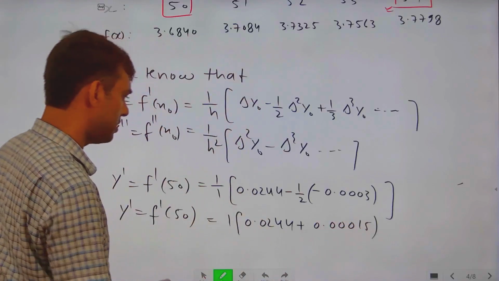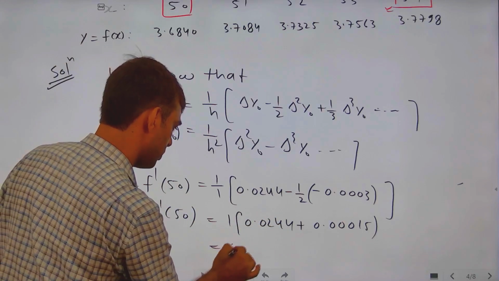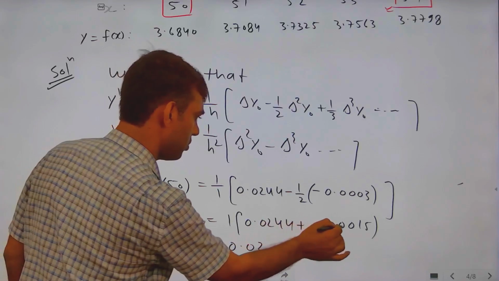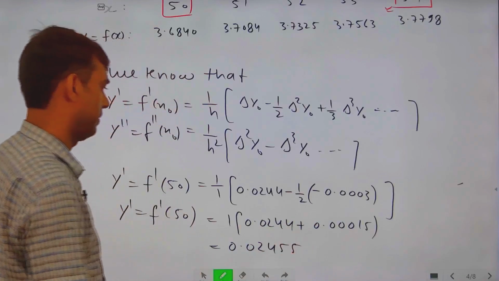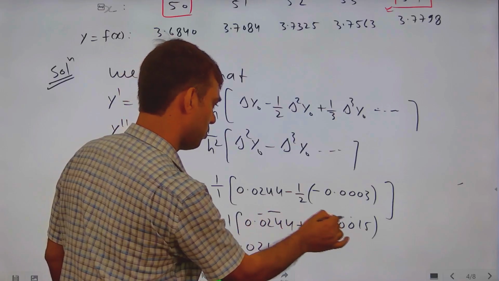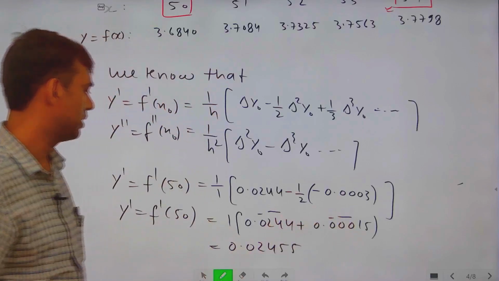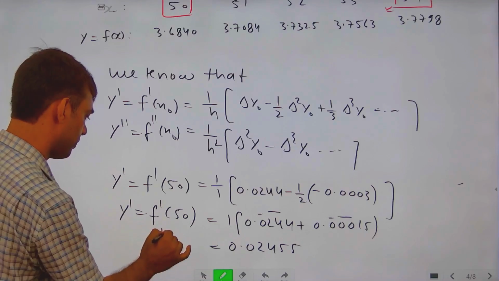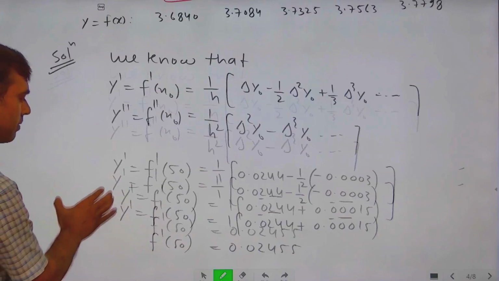So if we add these terms, this becomes 0.02455. This one is the value of f dash 50. Similarly, we try to find the second order derivative at this point.